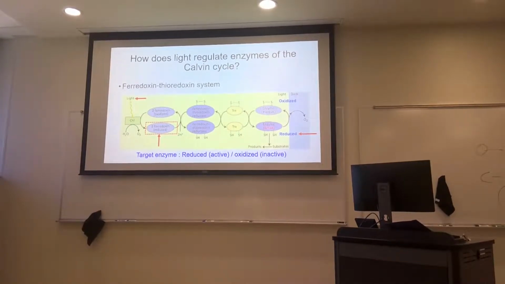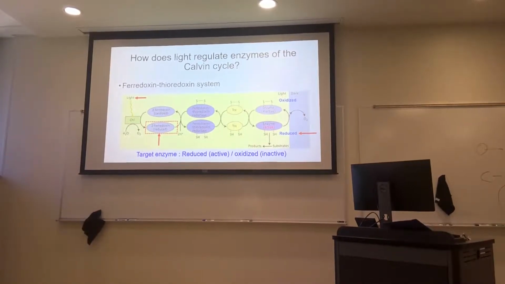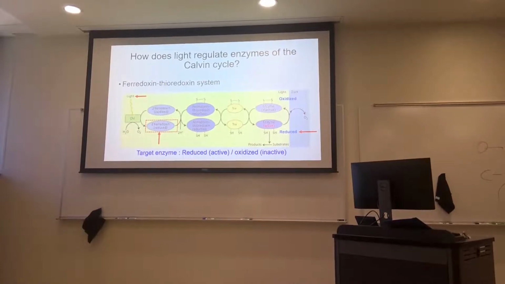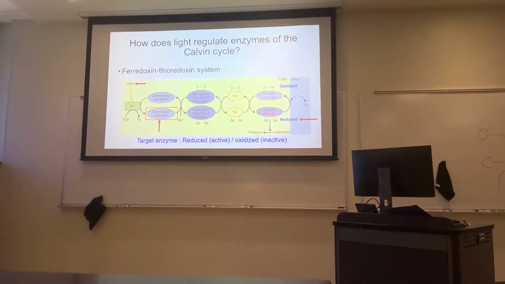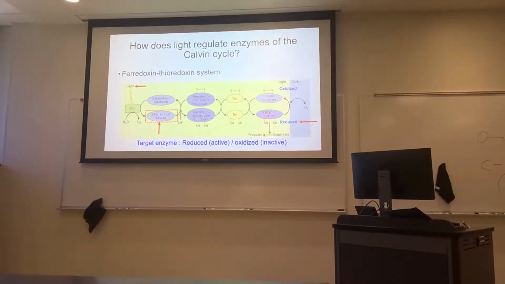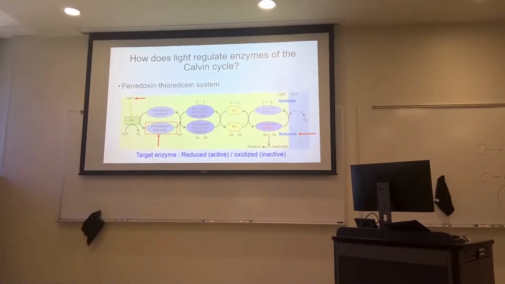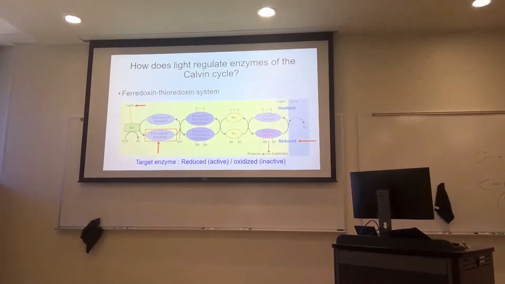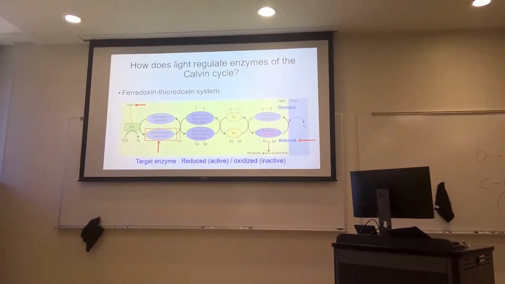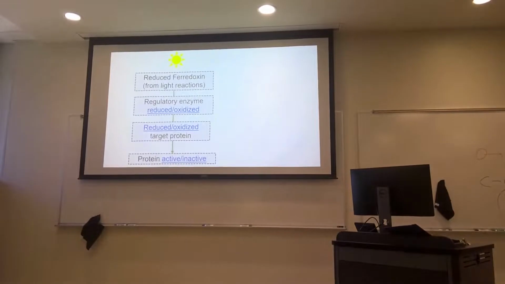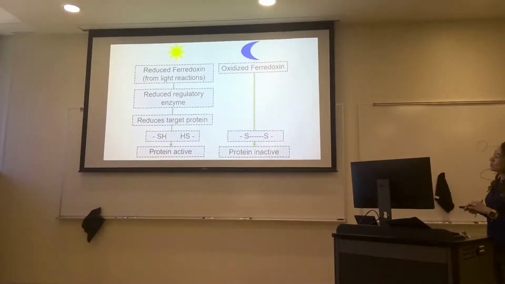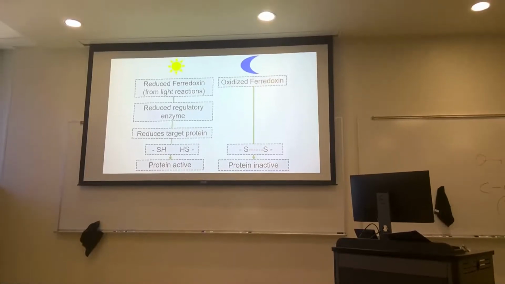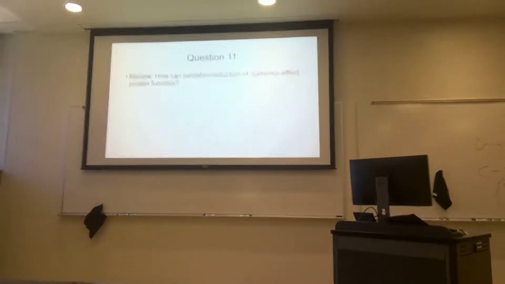Sure. If it's reduced, then it can help produce the substrates because it can drop off a hydrogen. But if it's oxidized, it can't. Cysteines do something specific to protein conformation.